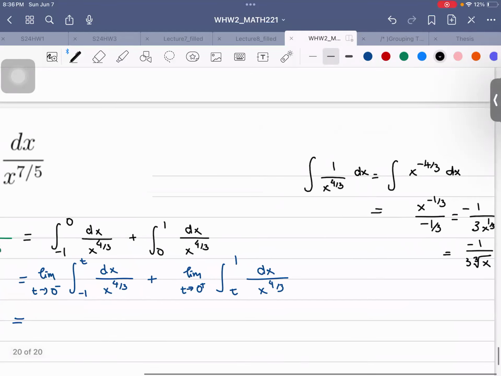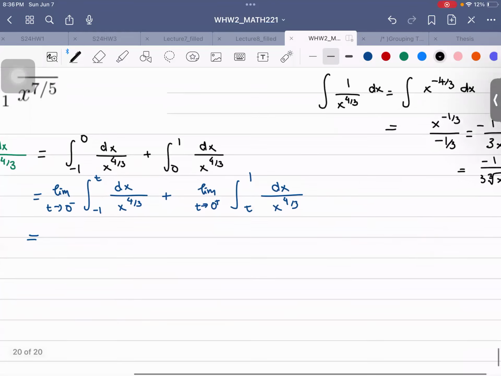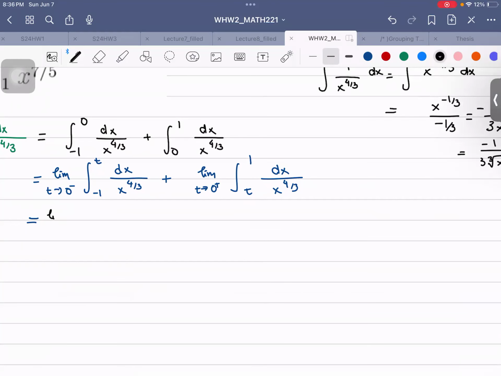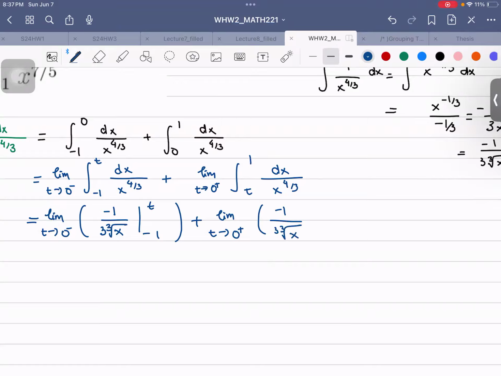Okay, so let me rewrite my integrals as the limit when t approaches 0 from the left of negative 1 over 3 cube root of x, from negative 1 to t, plus the limit when t approaches 0 from the right of negative 1 over 3 cube root of x, from t to 1.